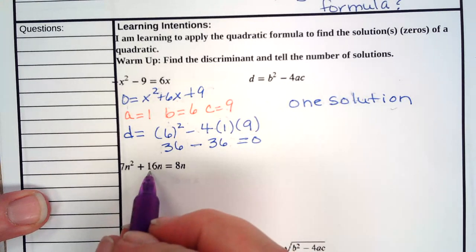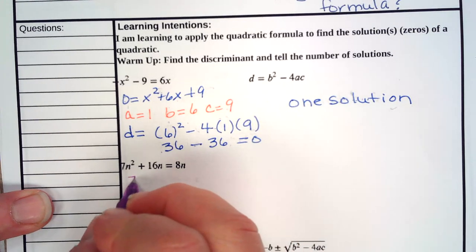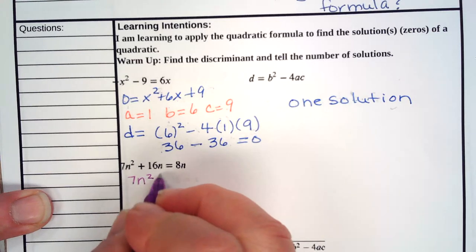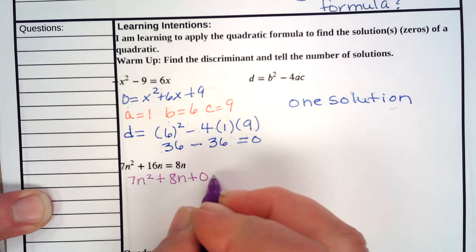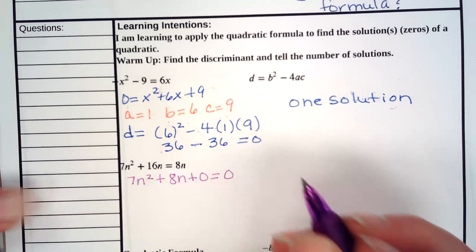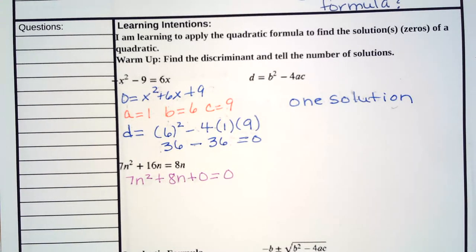I've got to subtract 8n from both sides. So I've got 7n squared plus 8n plus 0 is equal to 0. We don't have a c because we don't have a constant. So if we're looking at this, how many solutions will we have?